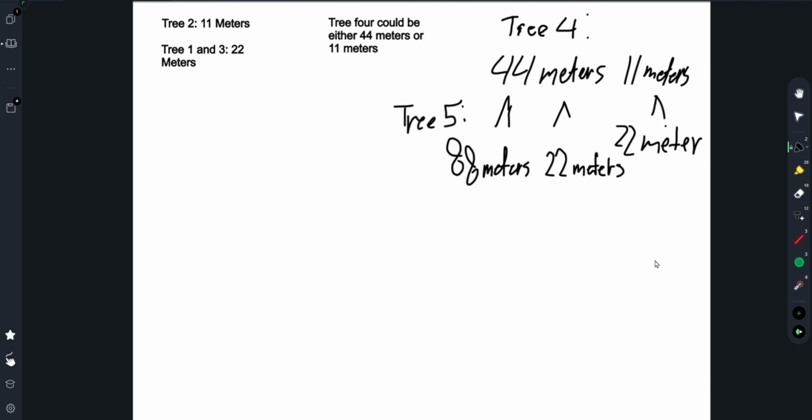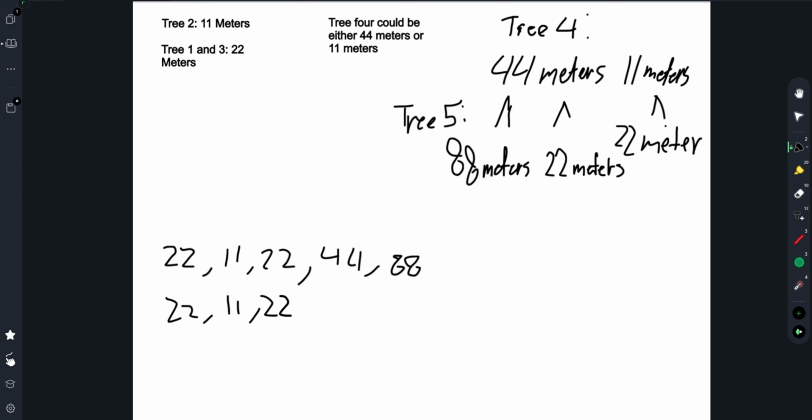If we list them in order, it would be 22, 11, 22, 44, 88. And the other one with 44 as the fourth one would be 22, 11, 22, 44, and 22.